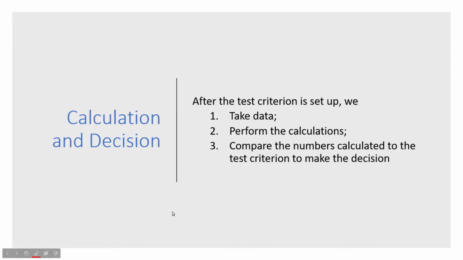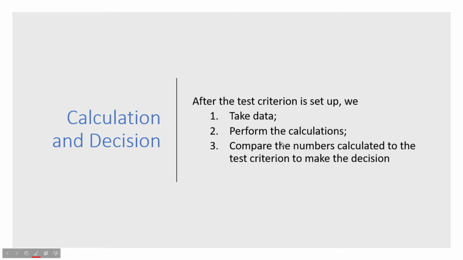Okay. Now the calculation and decision is the final part. You only do this after the test criterion is set up. If you do your test and then set up your test criterion, no one is going to believe you. But after your test criterion, then you take your data, you take your sample, and given that sample, you perform your calculation.